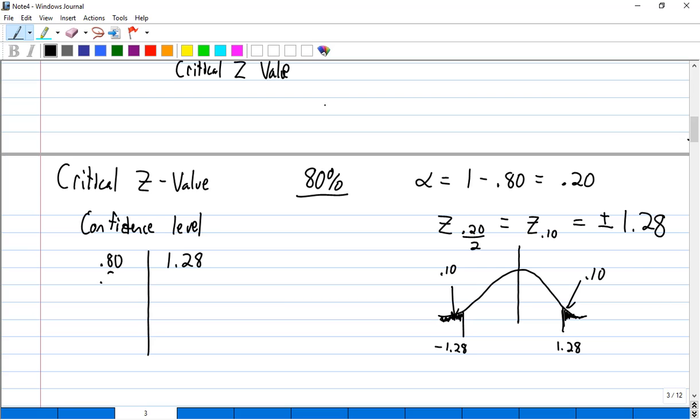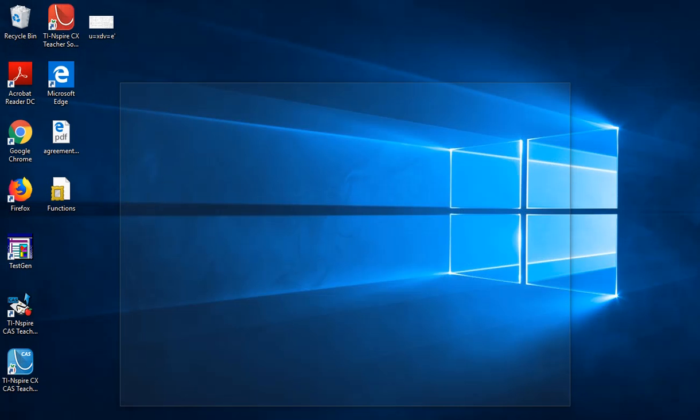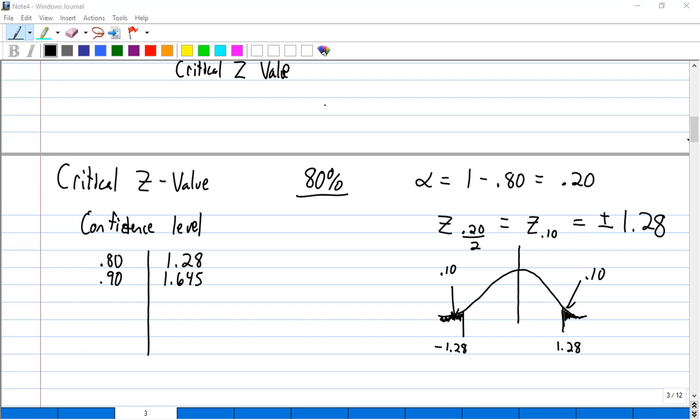For 0.90, we use, this is actually a special value, 1.645. All right. And then what do we have?